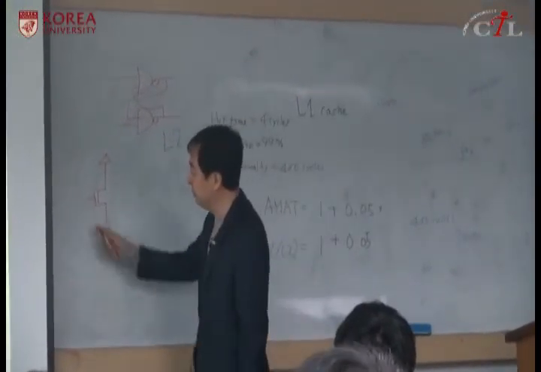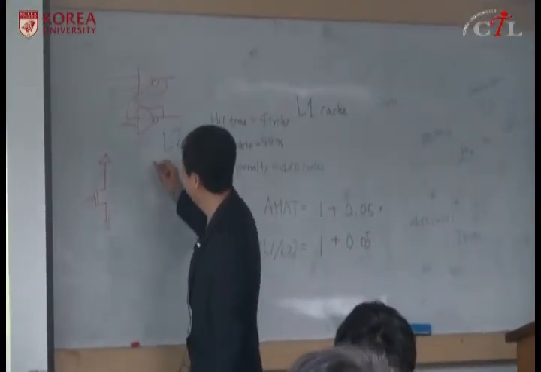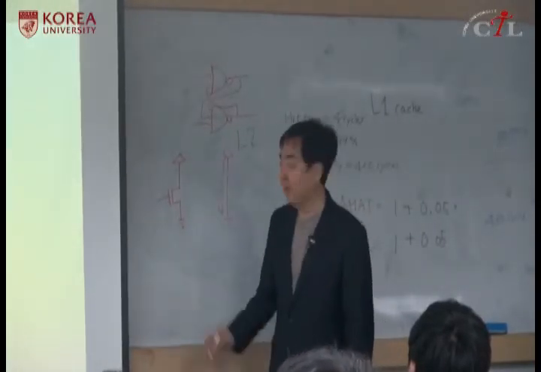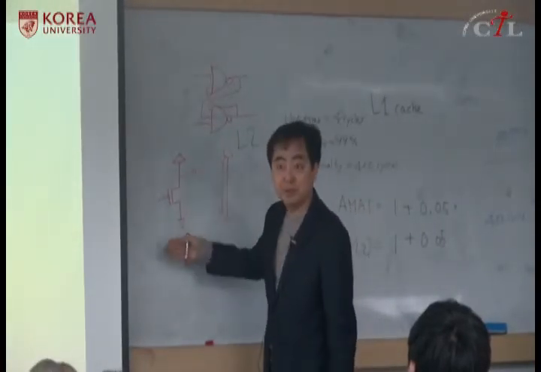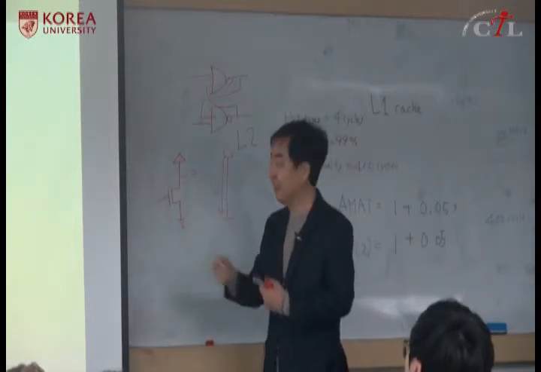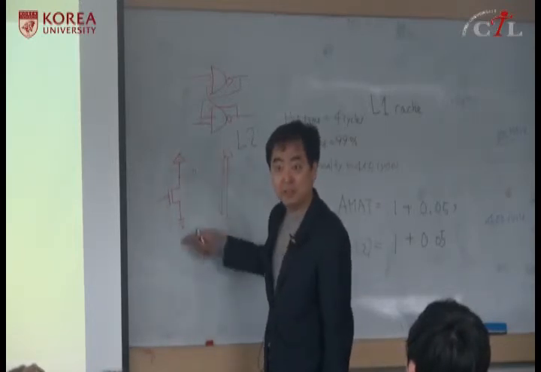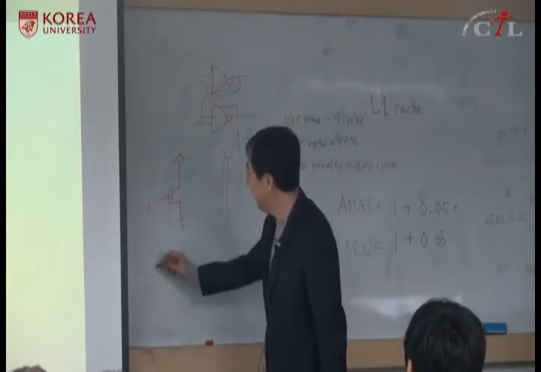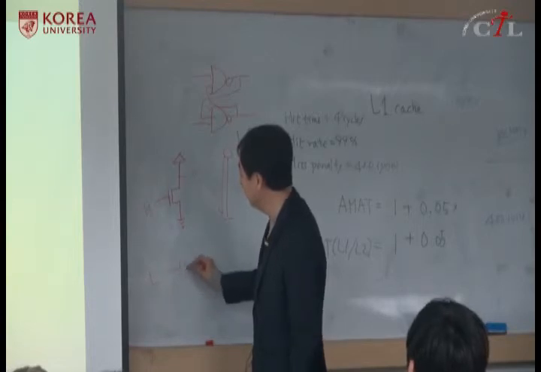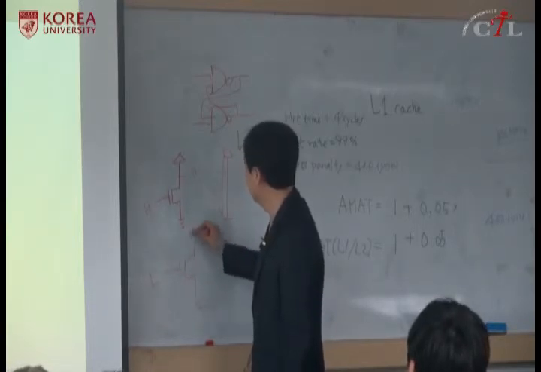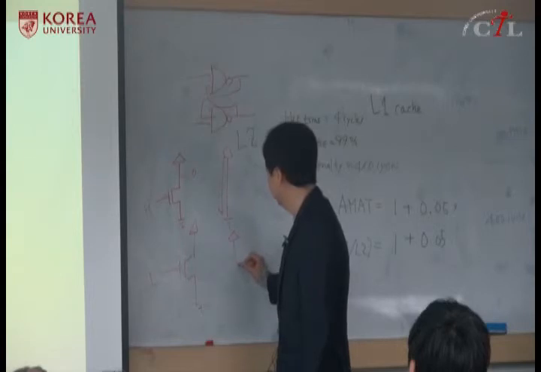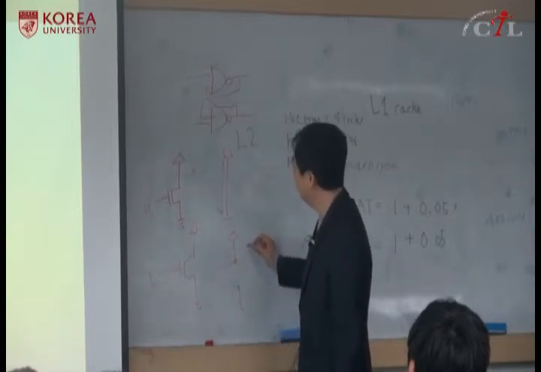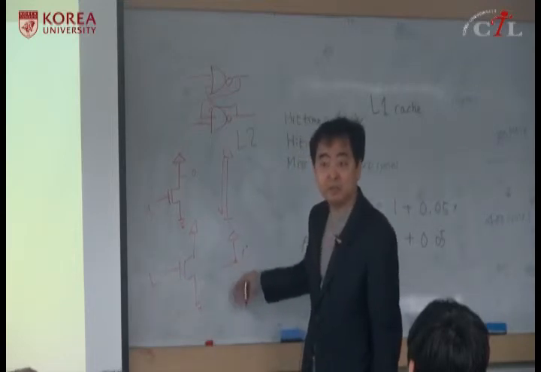Current flows, and the node becomes zero because you connect it, and the current flows from VDD to ground. If the gate is low, then you disconnect, so you can maintain your high voltage because there is no current flowing.